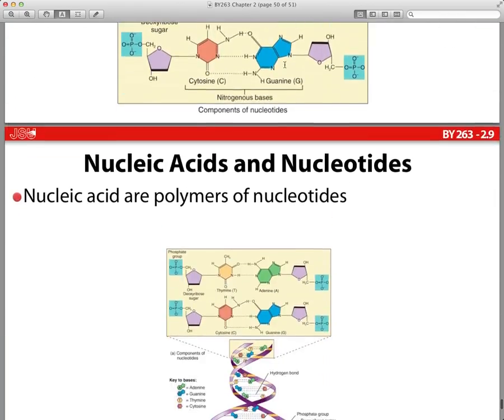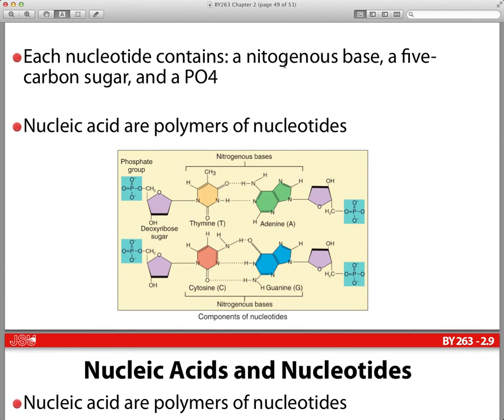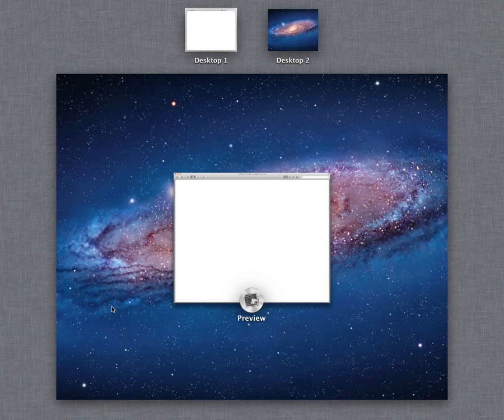And know what a nucleic acid is. If I show you this picture right here, that's a nucleic acid. If you saw this picture on a test, although there are carbohydrates on there, you should be able to say, well, there is a carbohydrate here, it's ribose, but the sum total of that tells me that's a nucleic acid.